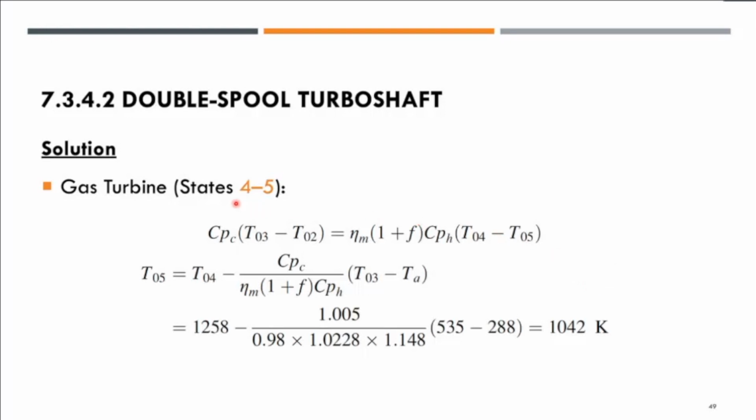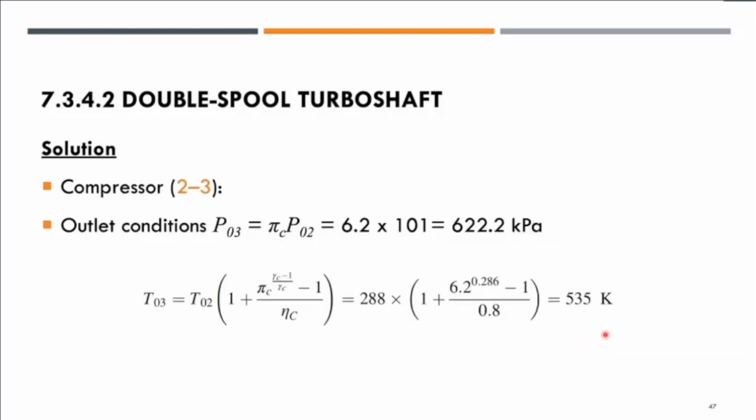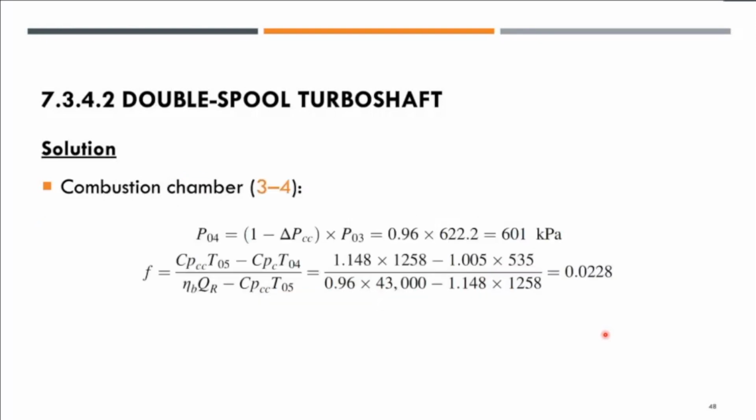In terms of the gas turbine states, state 4 and 5, you then obtain the T05 to become 1042 Kelvin. Okay, 1042 Kelvin compared to the earlier temperature at the compressor, 535, right?